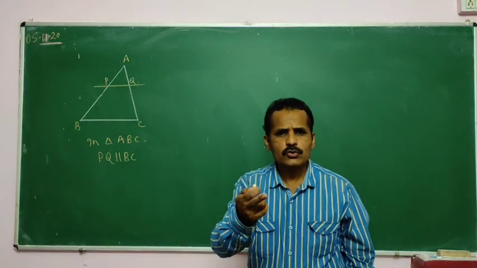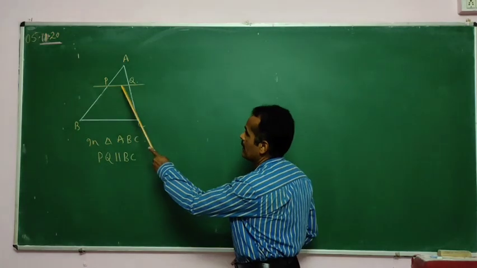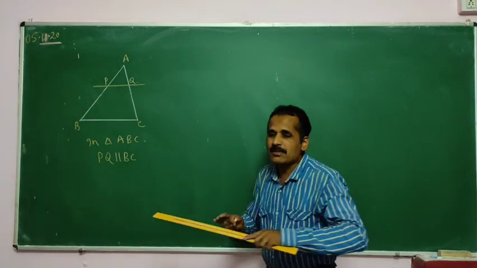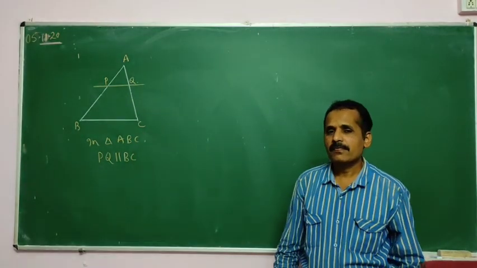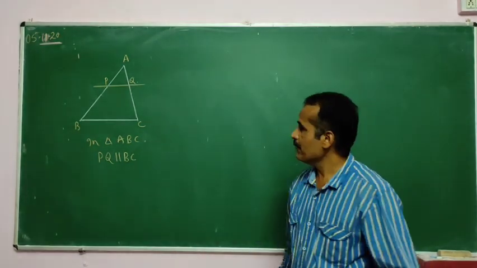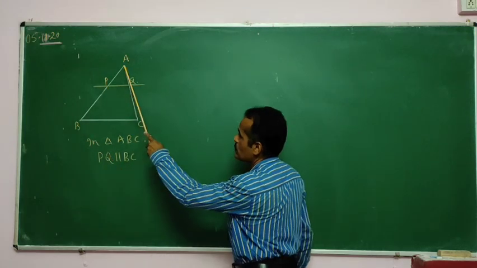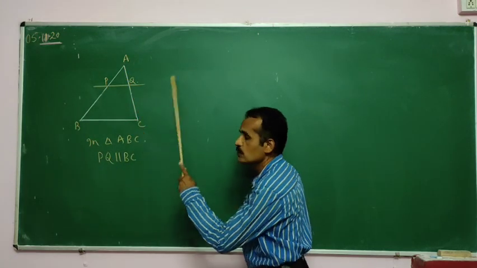If I give you that PQ and BC are parallel to each other, then you know what you can say: you can write AP divided by PB is equal to AQ divided by QC.